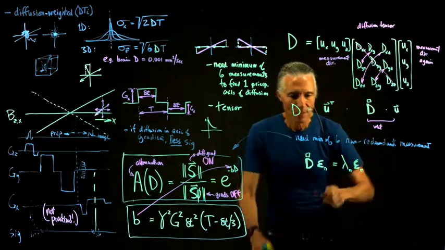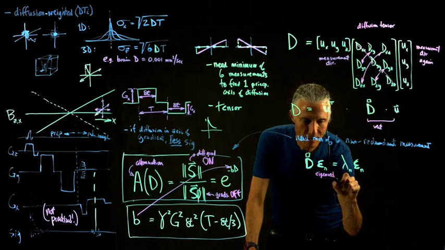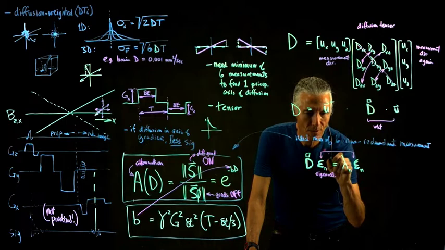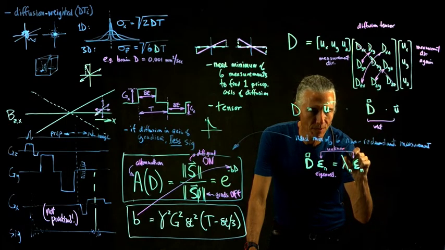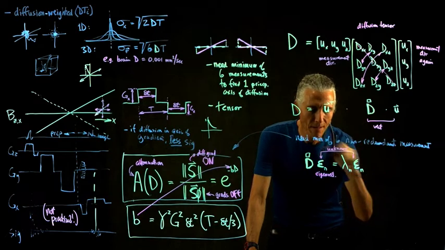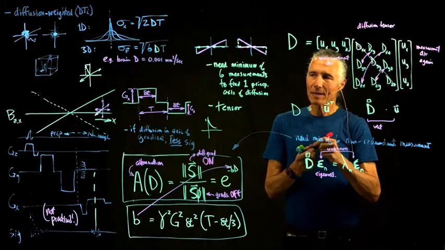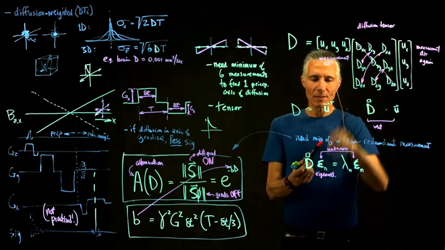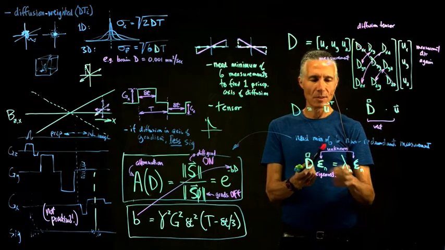So this is an eigenvector. It's an unknown. There's 3 of them. So we try to figure out what orientation vector, when we operate this matrix on it, only shrinks or grows.